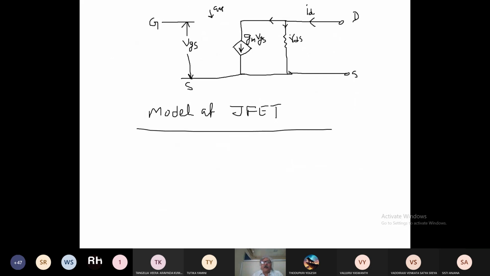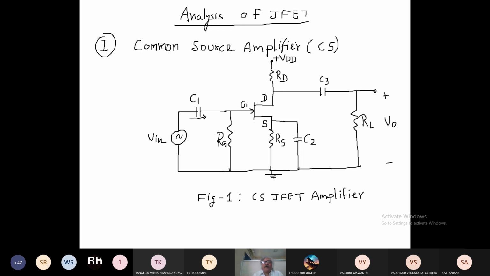So this is the transistor model. RDS is the drain to source resistance, so this resistance we have to connect.